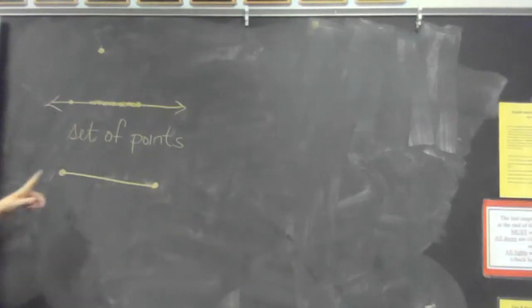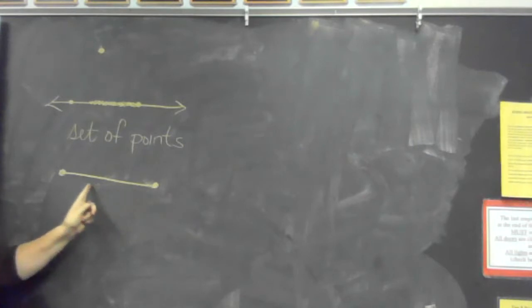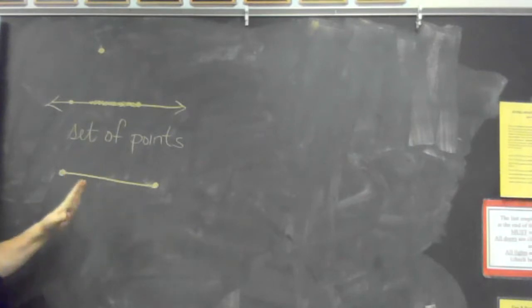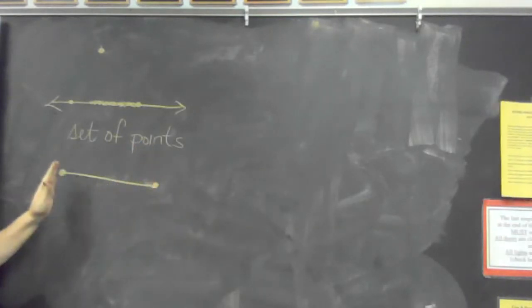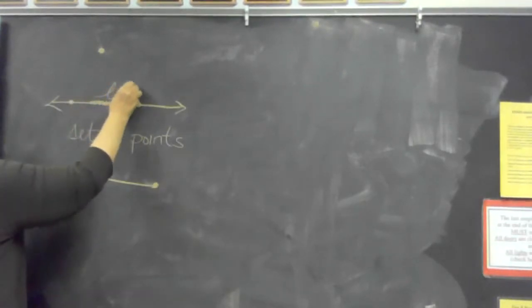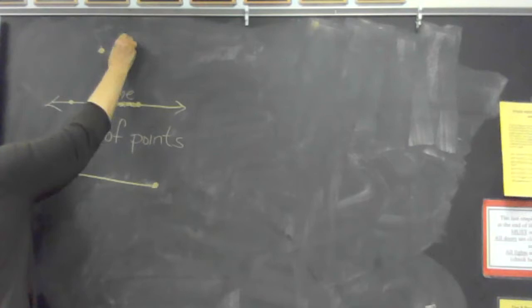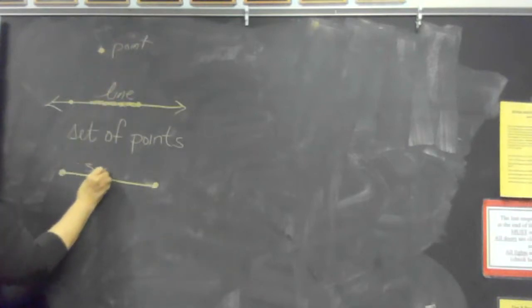A segment is also a set of points, infinite number of points, but it is only a part of a line, and it has a stopping place on each end. I guess I would put this. This is a line. This is a point. And this is a segment.